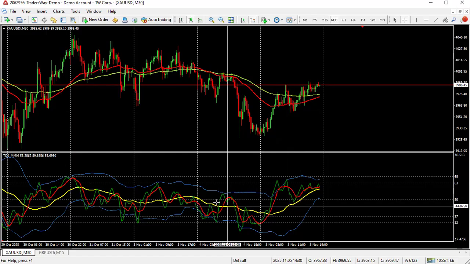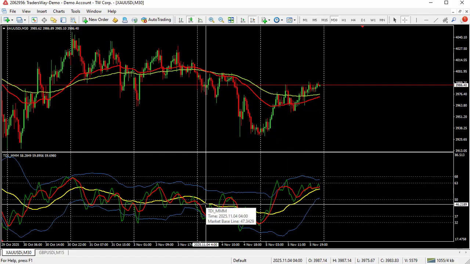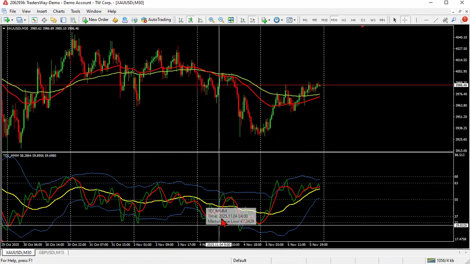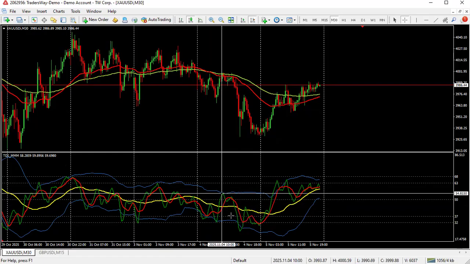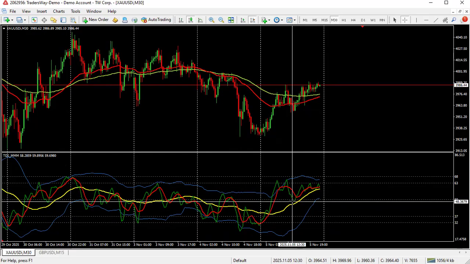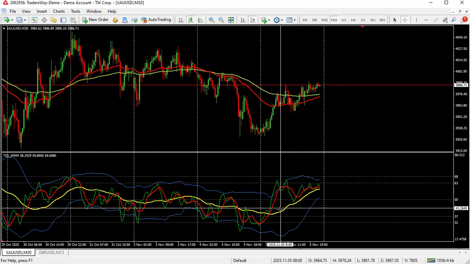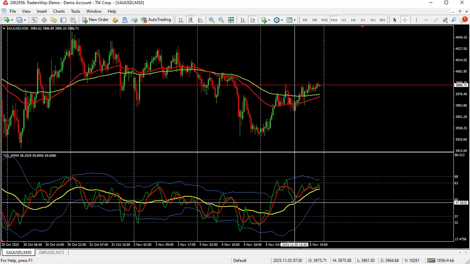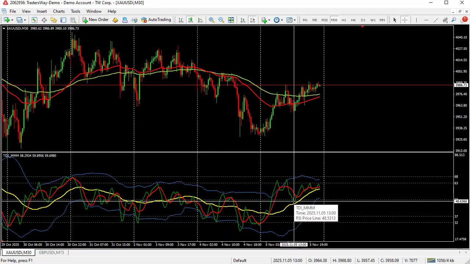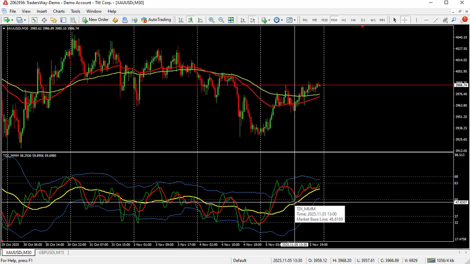Like for this example, it came to here and it continued down, right? Then it broke through and it continued down. So mind you, the curve of the baseline dictates where it's going for the most part. And in this case, it just did that.